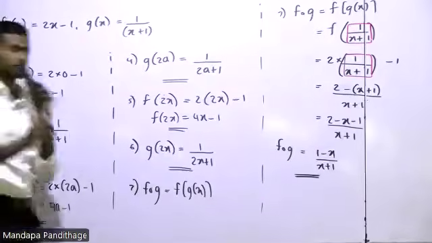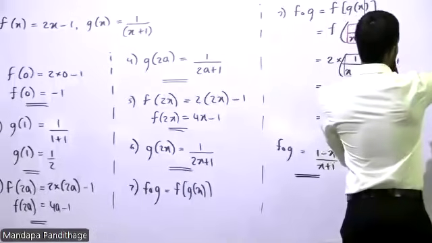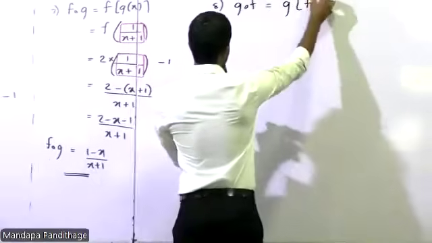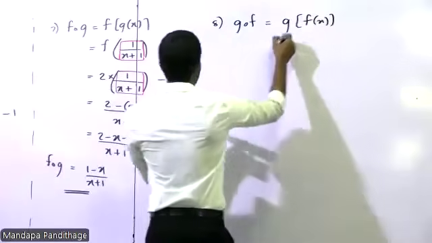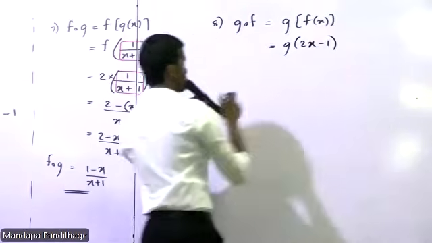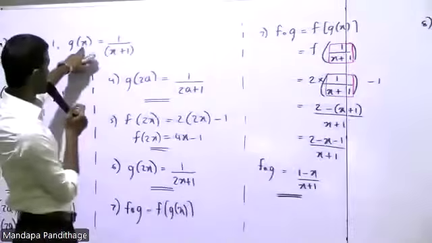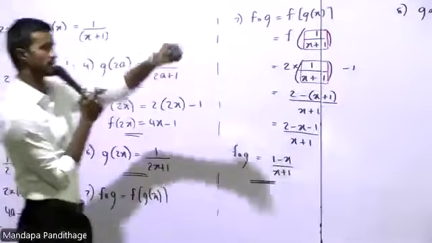Got it? Okay. So question number 8 must be g naught f, no? Which is gfx. So same thing, what is fx? Fx is 2x minus 1. Now gx is 1 over x plus 1. So here x has been replaced by 2x minus 1.